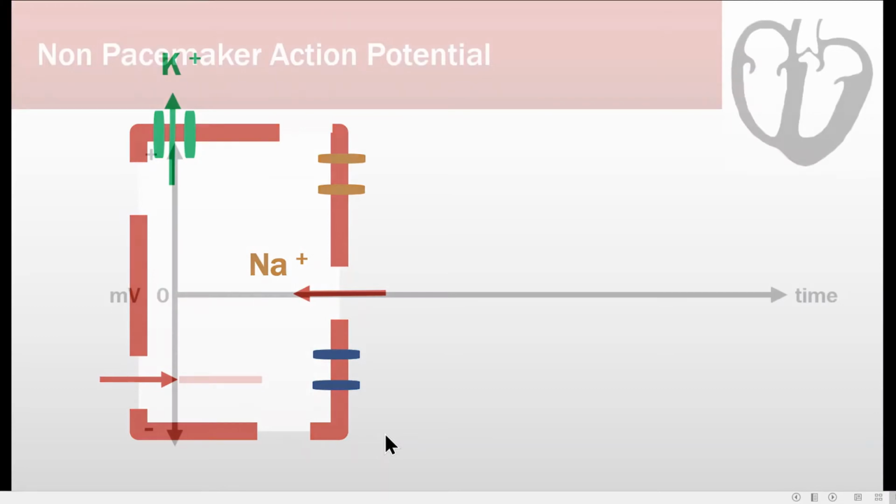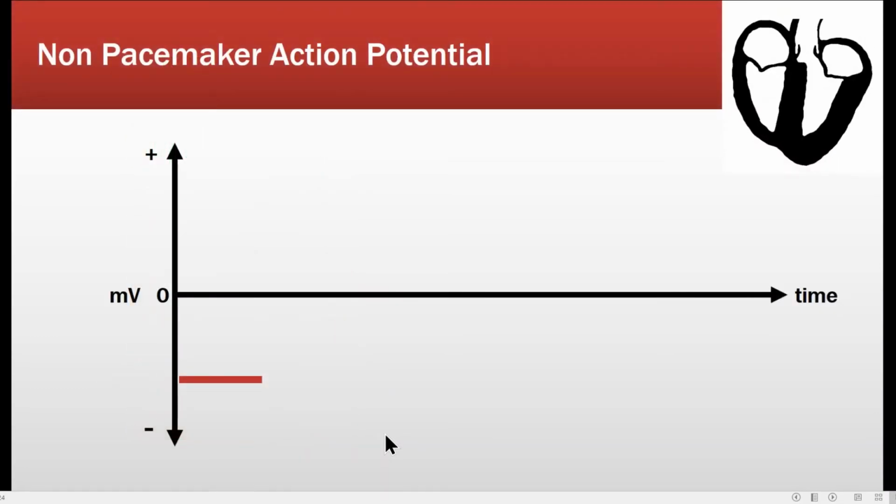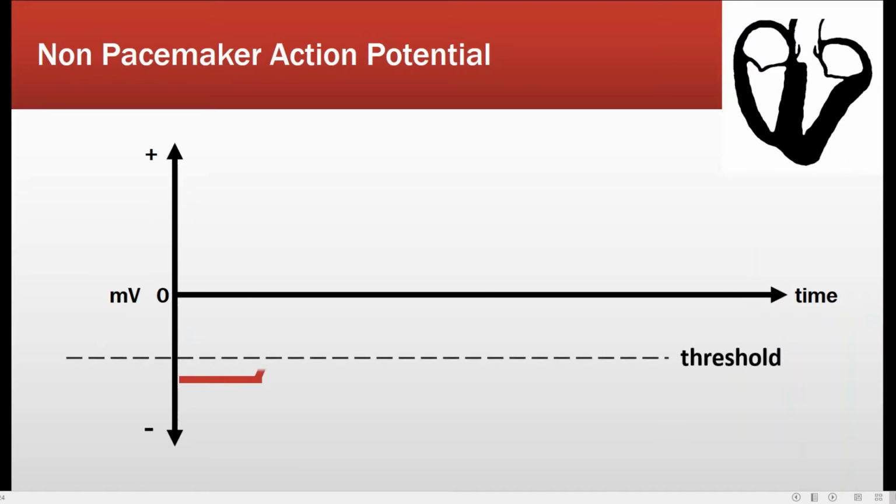Since you are increasing sodium inside your cell, you are going to increase the membrane potential of your cell. So it will now reach the threshold. The threshold here is negative 60 millivolts.